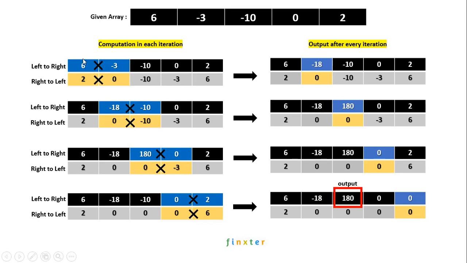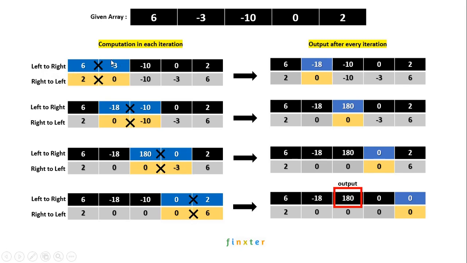Now, in each case, you have to go ahead and calculate the product of a particular element in the array and the element just prior to it. For example, let's say we are traversing through the array that keeps account of all the elements from left to right.